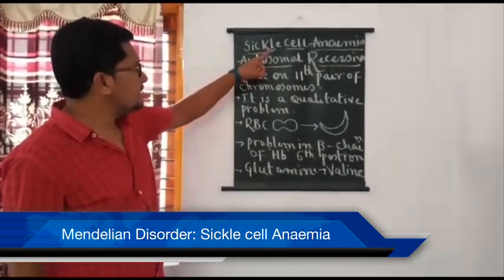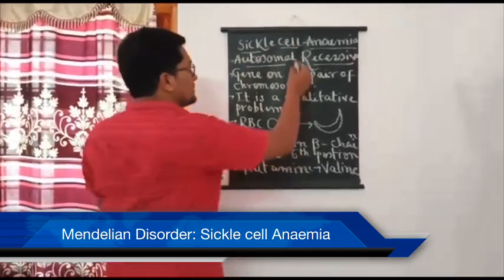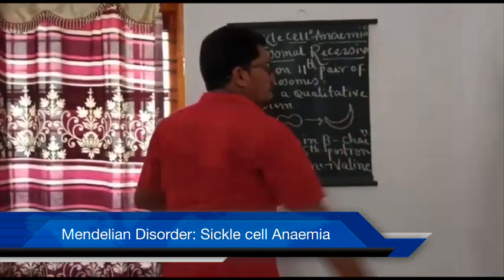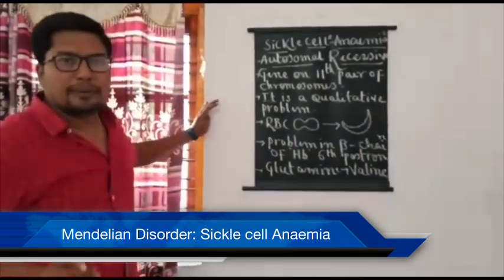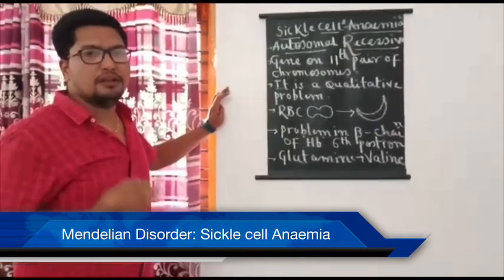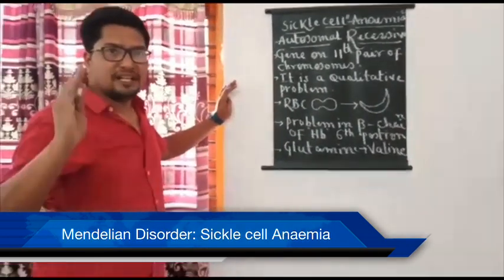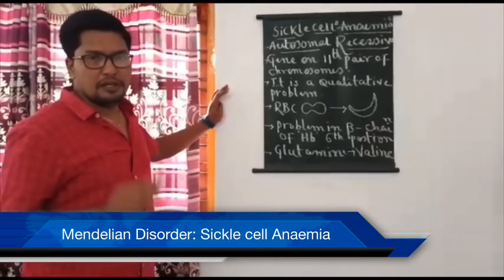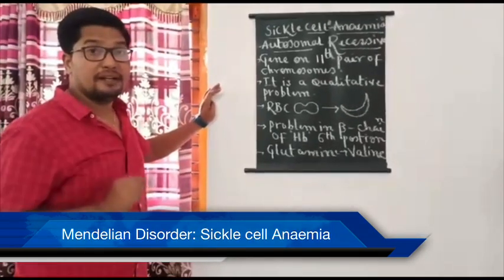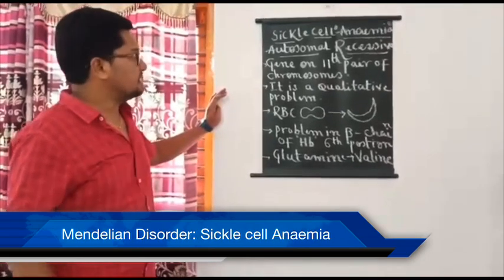The next and the most important gene disorder is sickle cell anemia. The term anemia usually represents the presence of less hemoglobin in the blood. Usually in healthy adult humans, 12 to 16 grams of hemoglobin is present per 100 ml of blood.